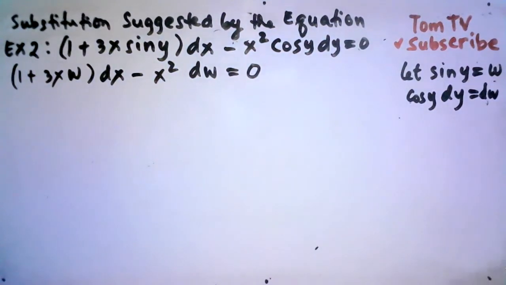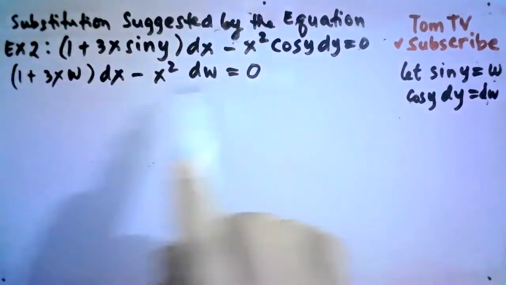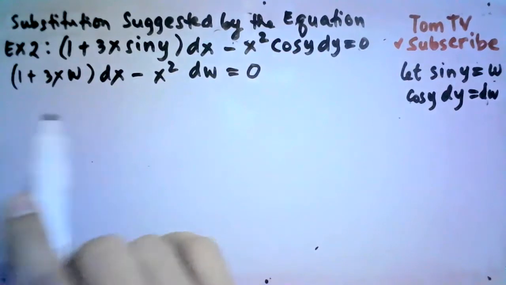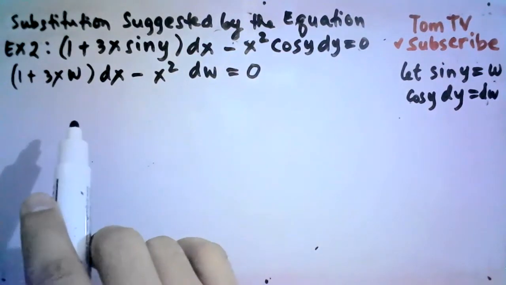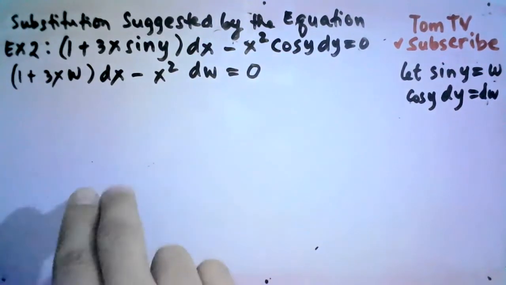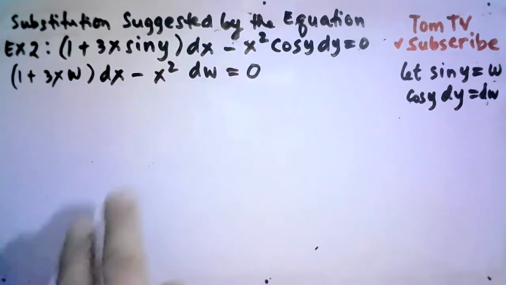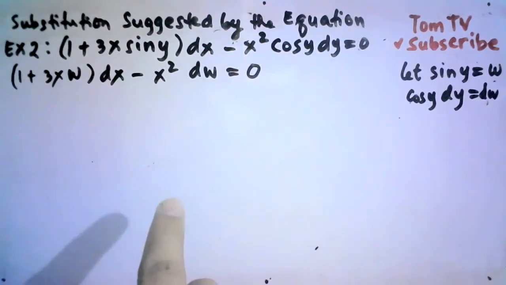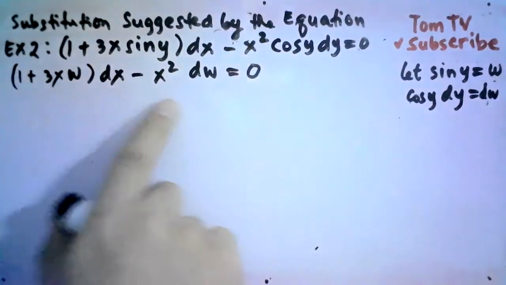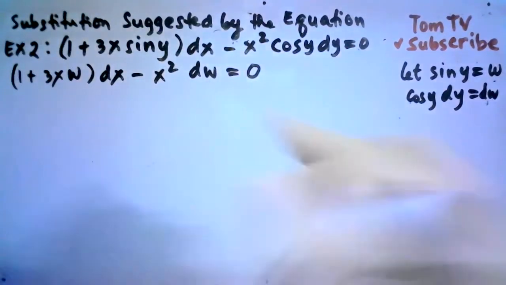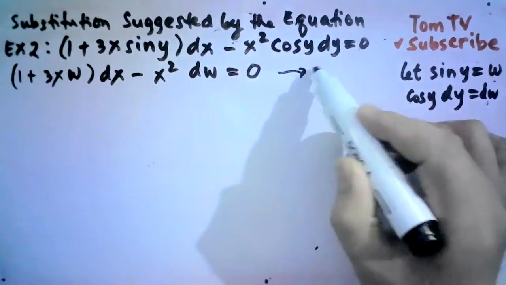Now, if you have noticed, we have x squared dw and then 1 plus 3xw dx. In our previous discussion, this involves an integrating factor. This is linear in w.